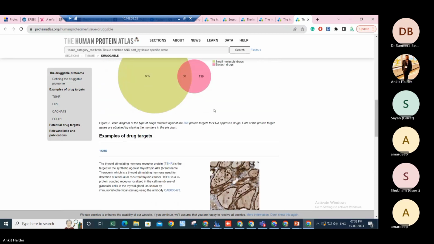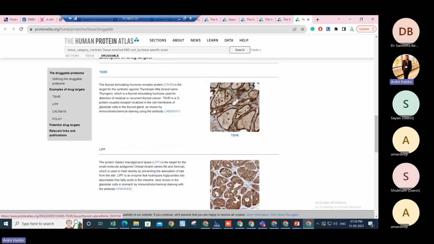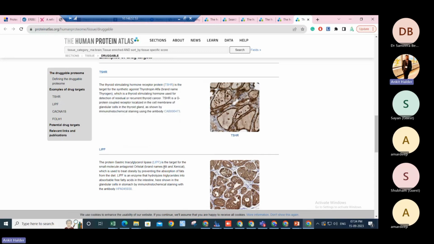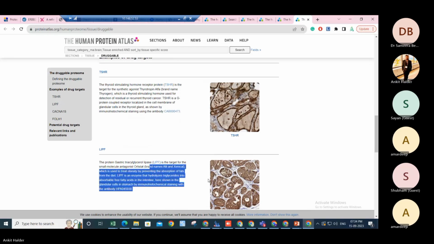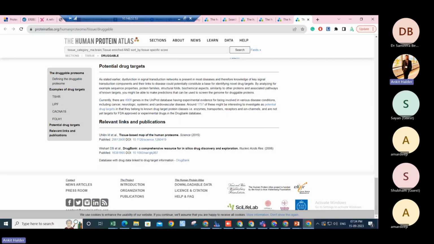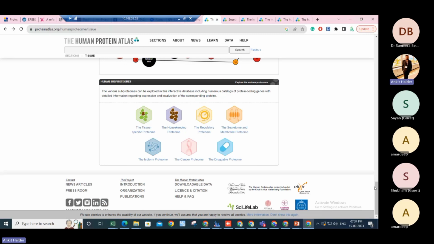From here they have given drug targets like the thyroid stimulating hormone receptor, used for detection of recurrent thyroid cancer. How does that look? Gastric LIPF, a target for some diseases. How does that expression look? All these things they have done, and they keep on doing it very comprehensively.